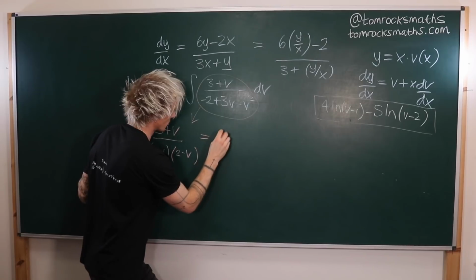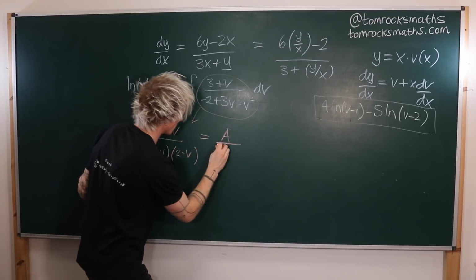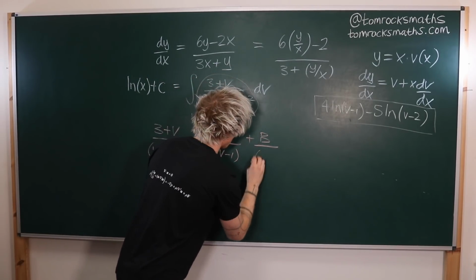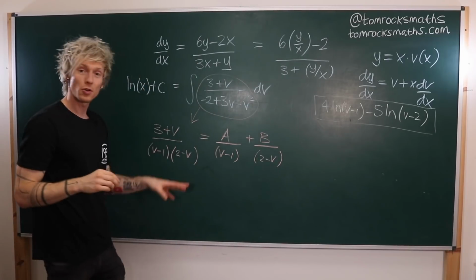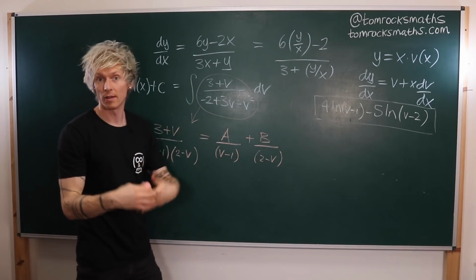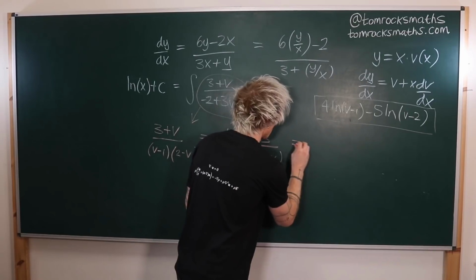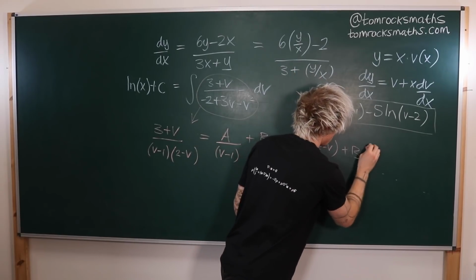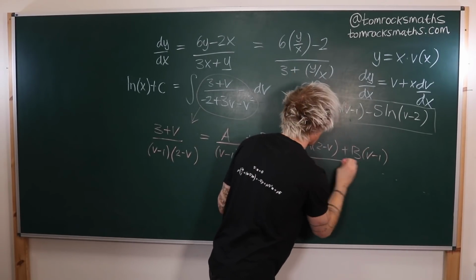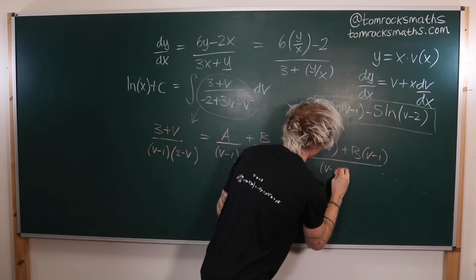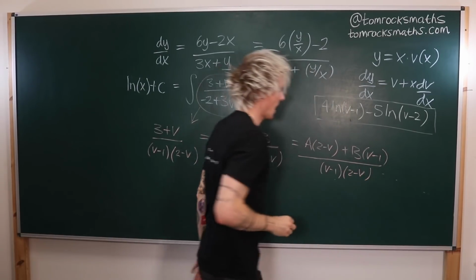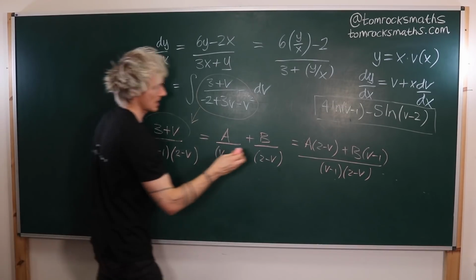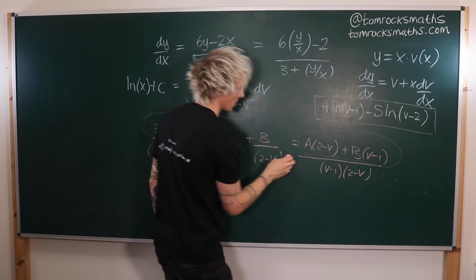And then using our method of partial fractions, we say this must be A over the first factor plus B over the second factor. But then, of course, we can now put these over one fraction. So this is actually equal to A times (2 - v) plus B times (v - 1), all divided by the product. And then the trick to using partial fractions is to say 3 plus v has to equal whatever's happening over here.